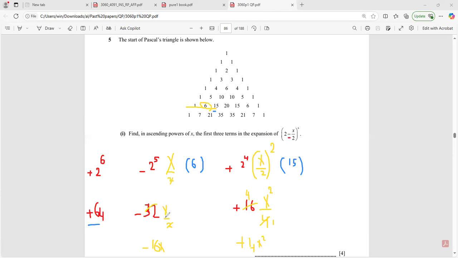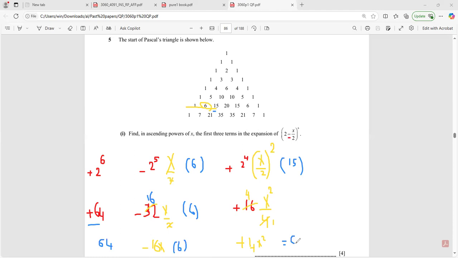The second term is 32 divided by 2, which is 16, multiplied by 6. 16 multiplied by 6 is equal to 96.